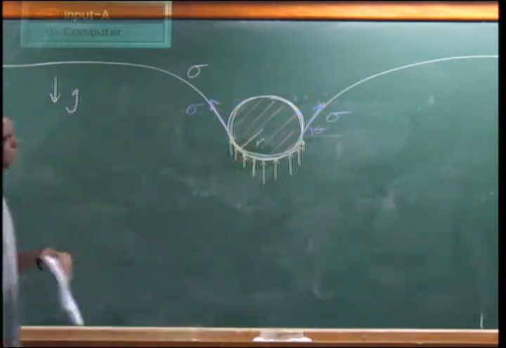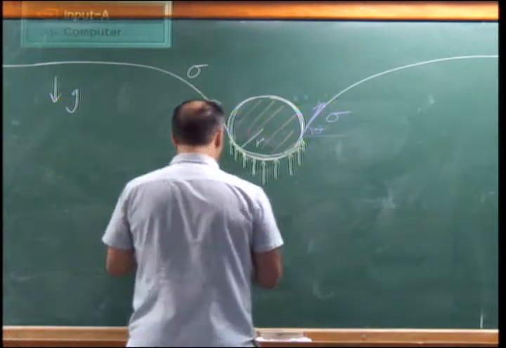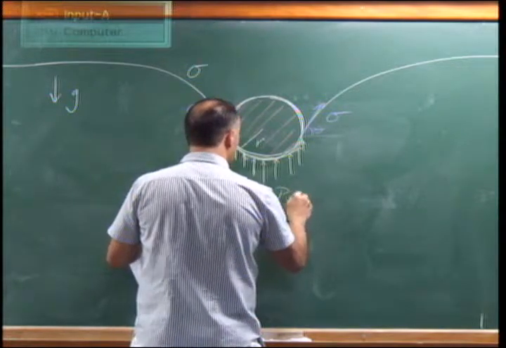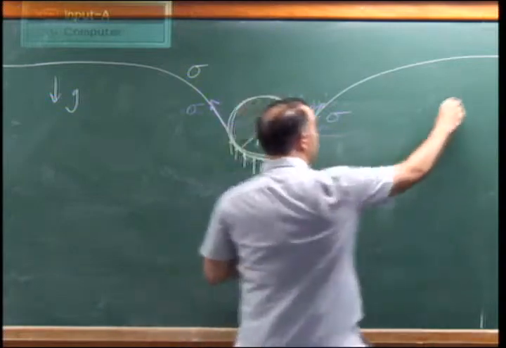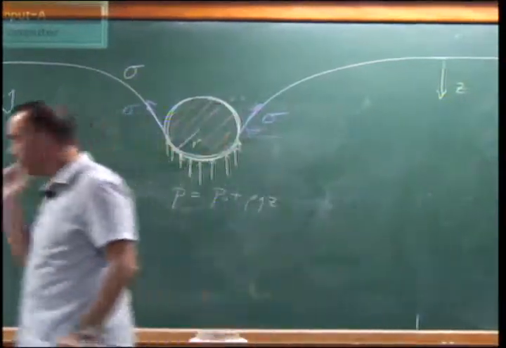So this is P naught plus rho g z, if z is now our distance from the surface.